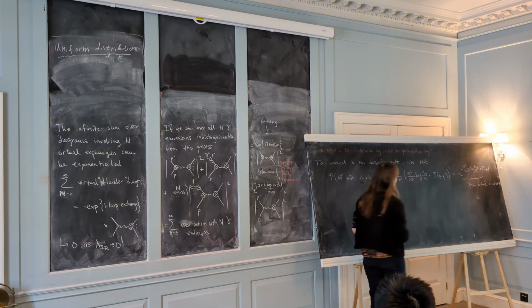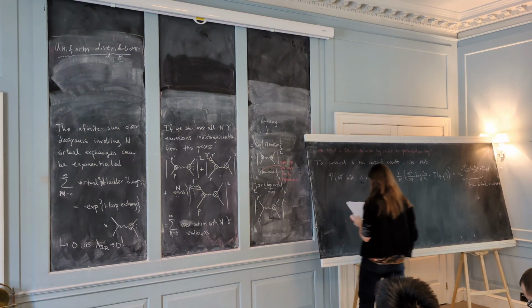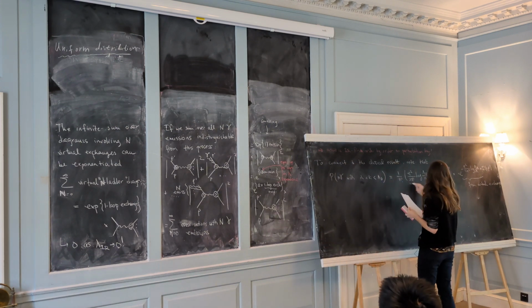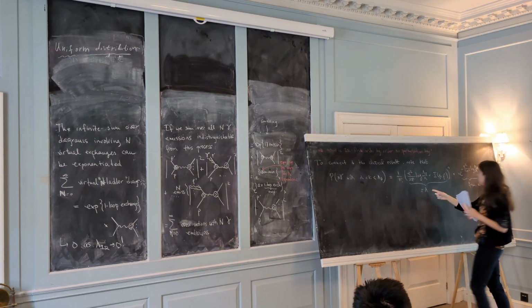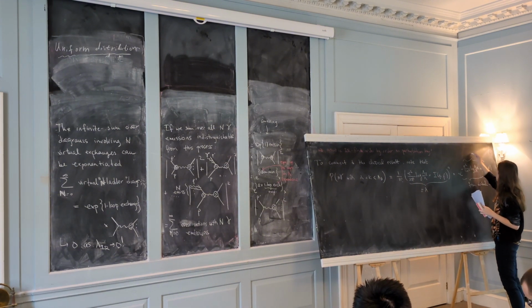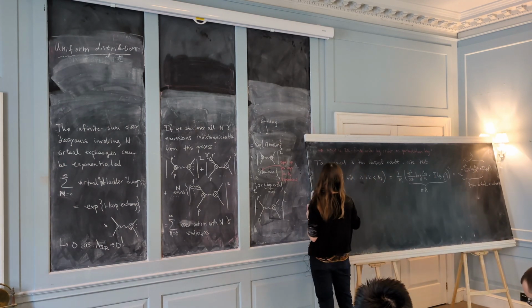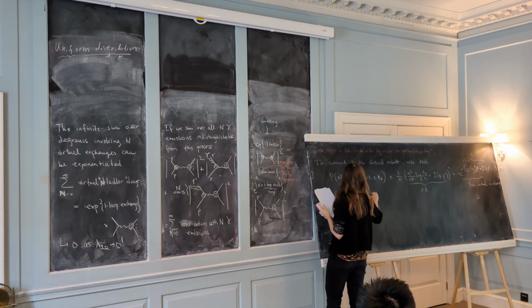From the cross section of the amplitude involving these resummed virtual exchanges. But this you can, so let's call this lambda. So you see here we have 1 over n factorial, lambda to the n, e to the minus lambda. So we see that Pn is 1 over n factorial, lambda to the n, e to the minus lambda.